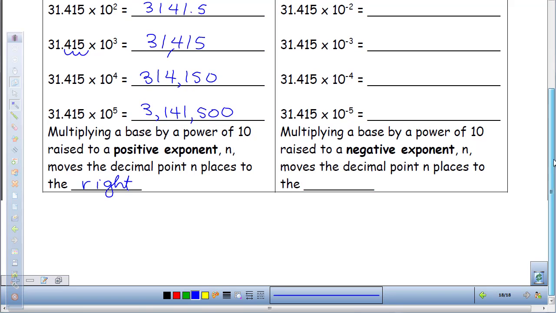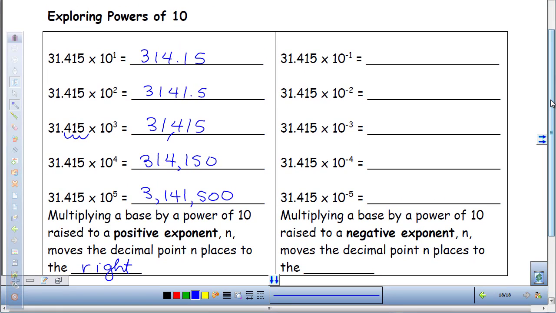Okay, if we do it with a negative exponent, we get 31.415 times 10 to the negative 1. That's going to become 3.1415. Okay, if we do it times 10 to the negative 2, it's going to be 0.31415.